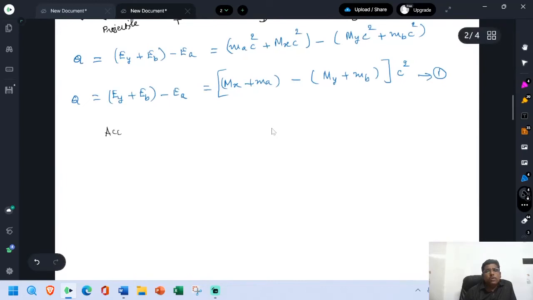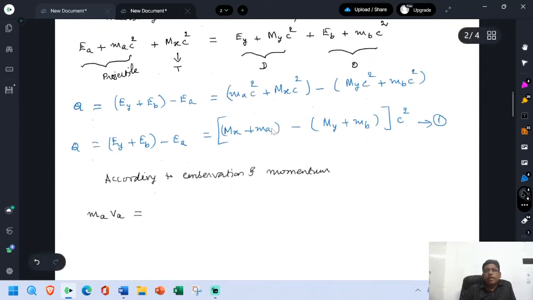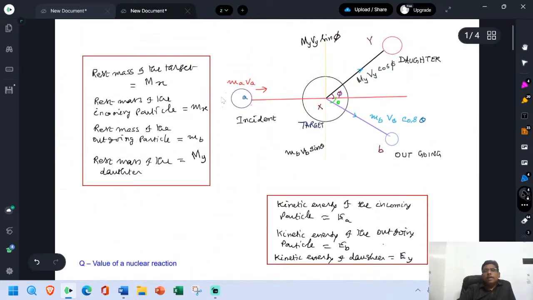According to conservation of momentum, mAvA, which is equal to, see here, the momentum of the incoming particle is mAvA plus the momentum of the target. The target is at rest, so the momentum of the target is 0, which is equal to the sum of these two momenta.